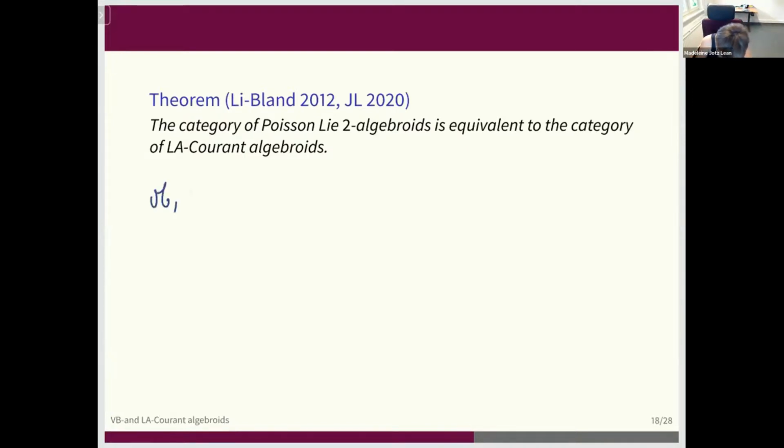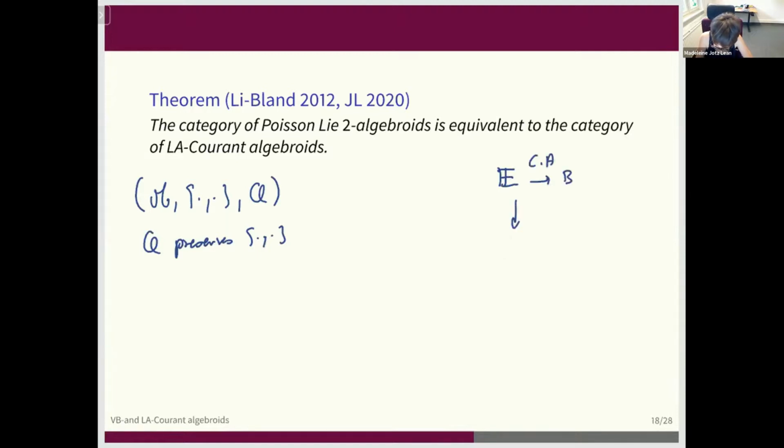So that's a two-manifold with a Poisson bracket of degree -2, and a homological vector field that preserves the Poisson bracket. On the other side, you get E over B. So that's a Courant algebroid, Lie algebroid over Q, M, Q star.